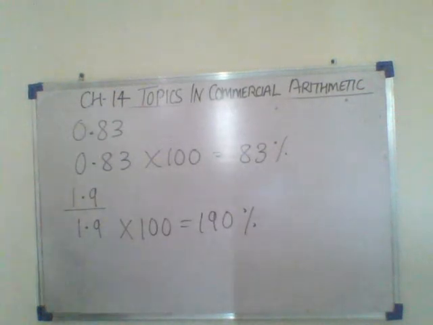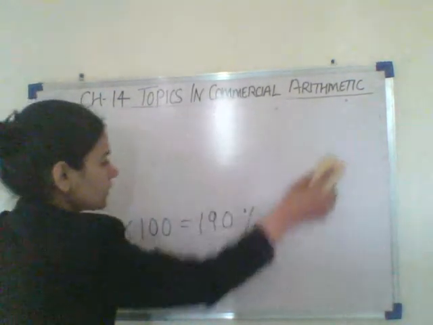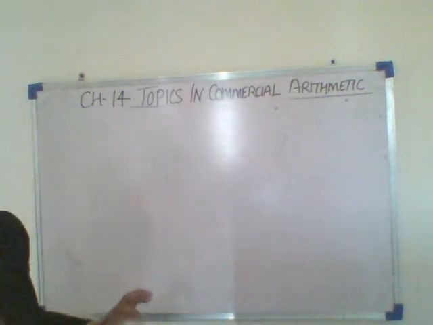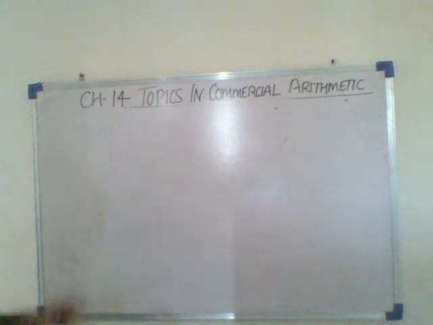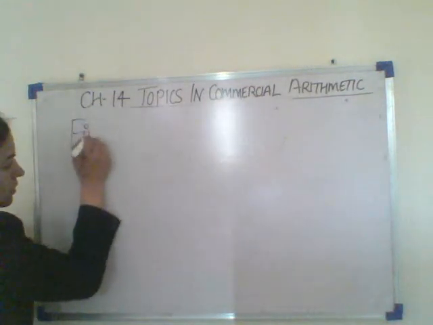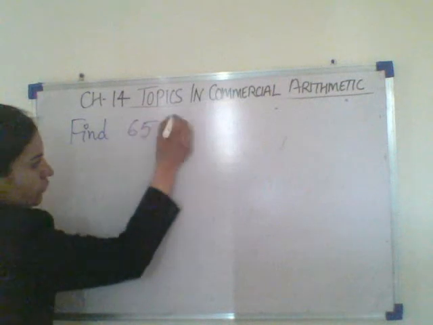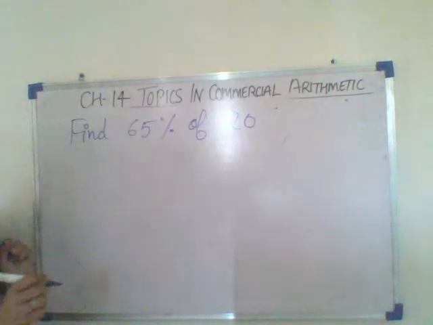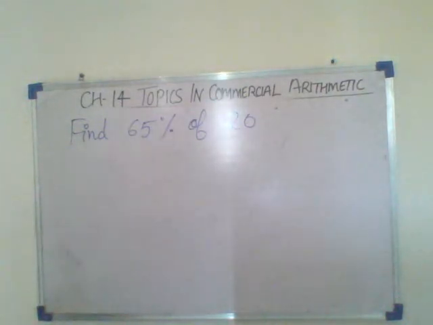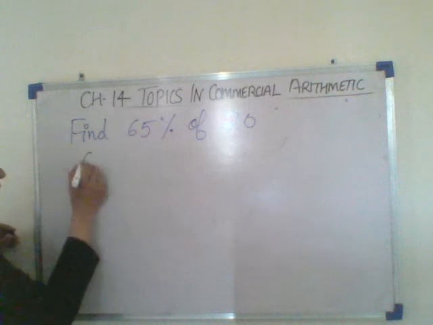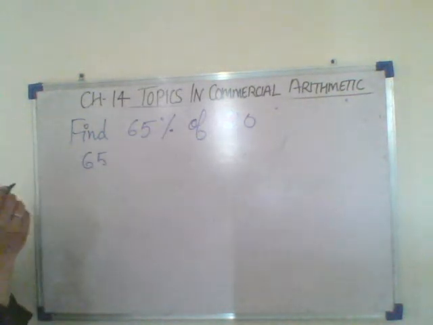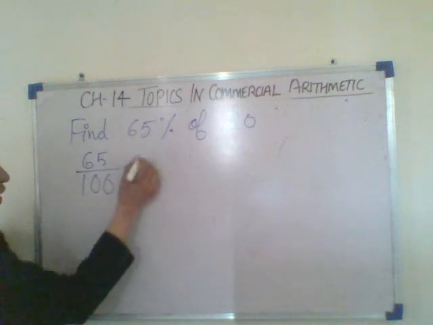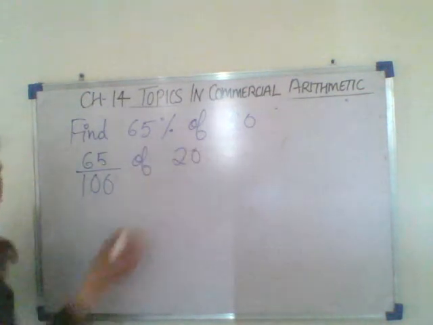Now finding the percent of a number. How to find the percent of a number? If the question given is to find 65% of 20, what do you have to do? You have to find 65% of 20. What does it mean? 65% means 65 upon 100 of 20.